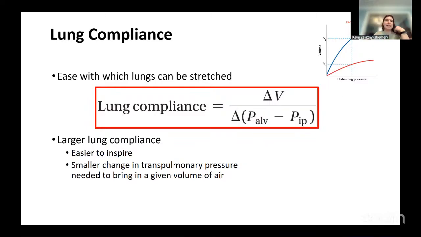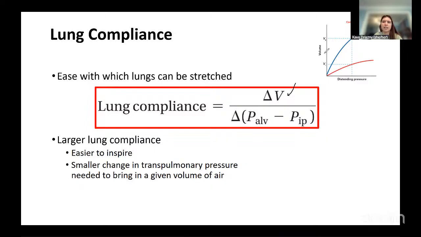So we could technically calculate our lung compliance, and this is how we would do it. Up here we see the change in volume that we'd be looking at. So we're thinking like lung size there. We've got our smaller lung when we've got a small thorax, and then the larger as we expand and breathe in. And here we have the change in pressure that we're working with, right?